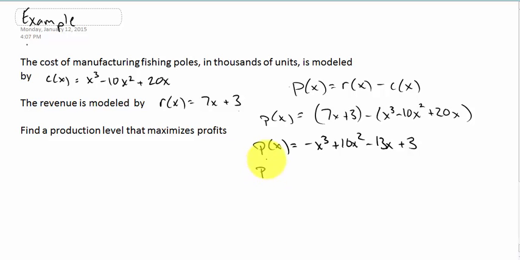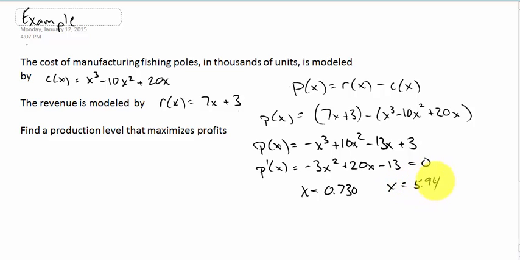We want to differentiate and set equal to 0. Solving this polynomial gives us x equals approximately 0.730 and x equals 5.94.